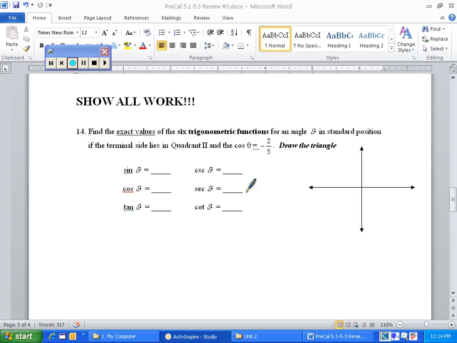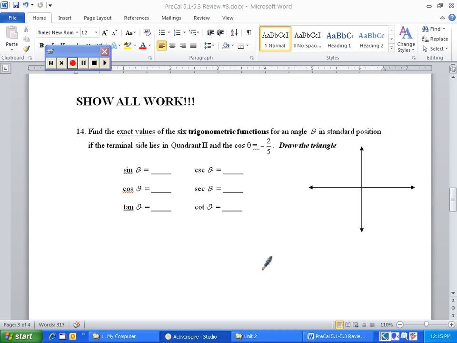Now you need to get your values for the other 4, so we're going to use the Pythagorean theorem. The Pythagorean theorem for circles is x squared plus y squared equals r squared. I know my x value is negative 2. I don't know my y value. And I know that r is simply equal to 5.